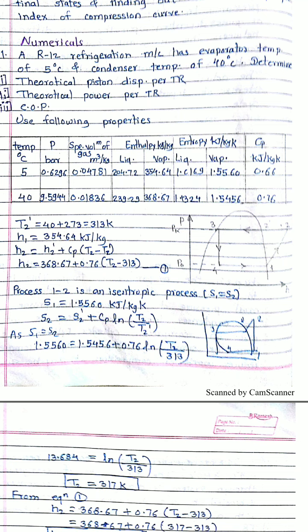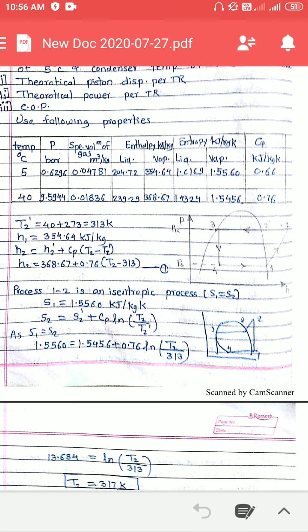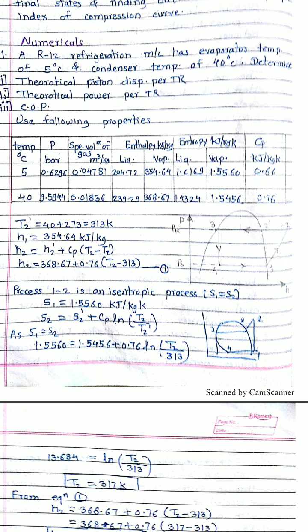Again the enthalpy is given. Now I will tell you what the enthalpy and entropy of liquid and vapor are. Suppose you take the condenser pressure line, the 2 to 3 line. That line intersects the saturated liquid line at point number 3, and that same line also intersects the saturated vapor at point number 2 dash.